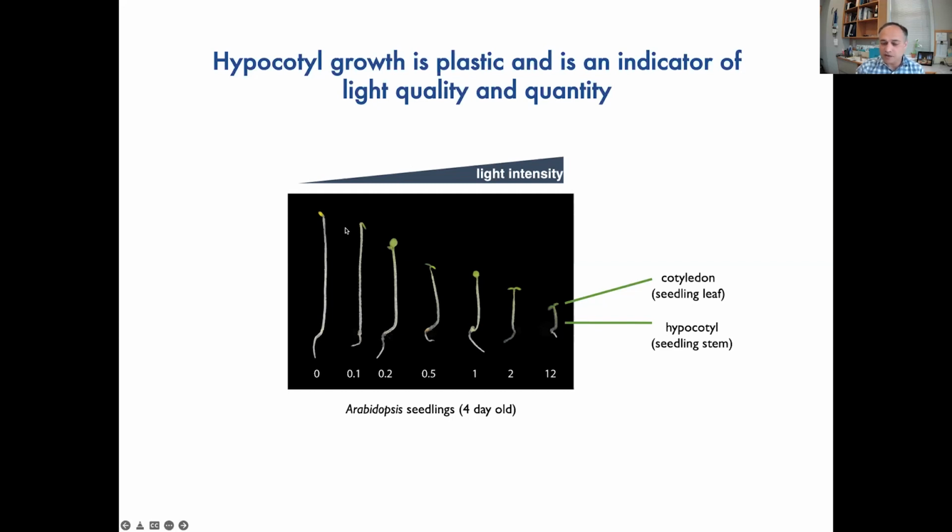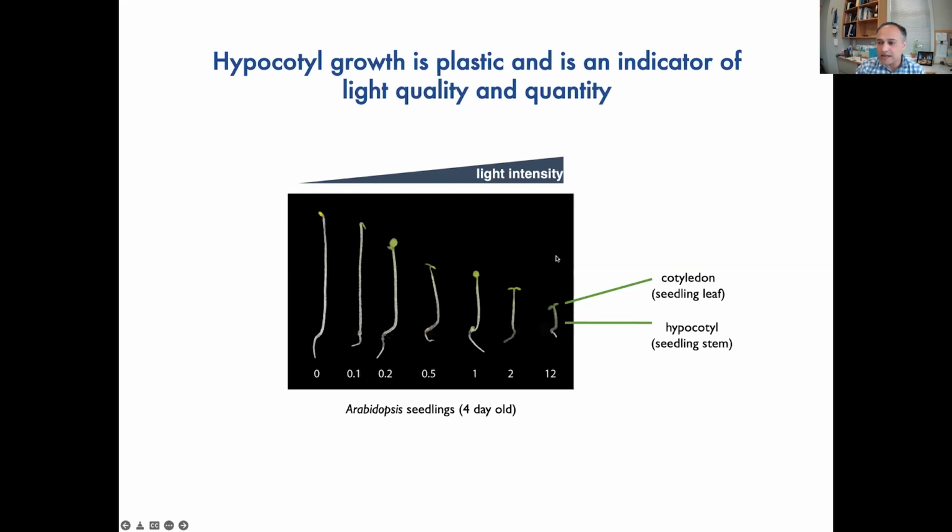And this is the basis of sprouts. So if you eat any sprout, basically you germinate seeds without light and you get this long, slinky seedling. Now, as you start giving more and more light, you can see the hypocotyl or the seedling stem get shorter and shorter.